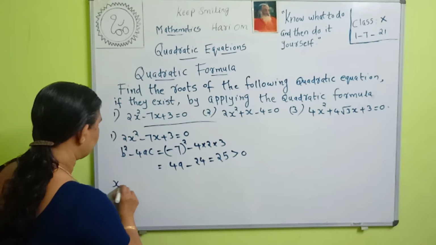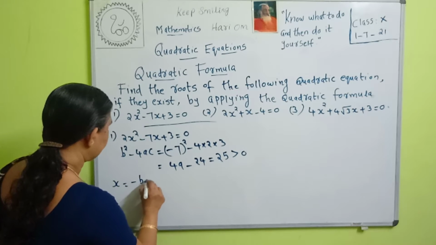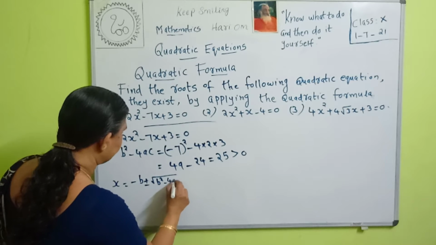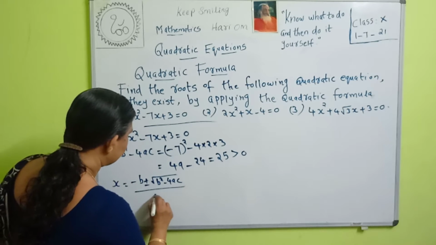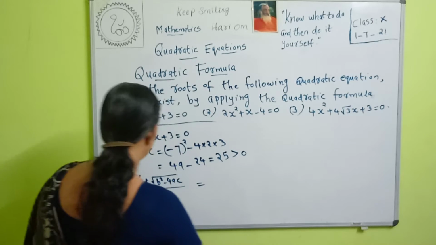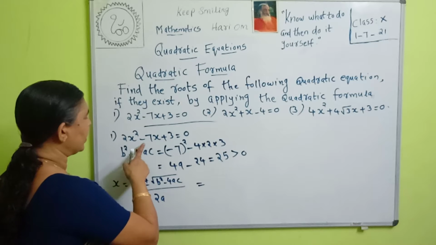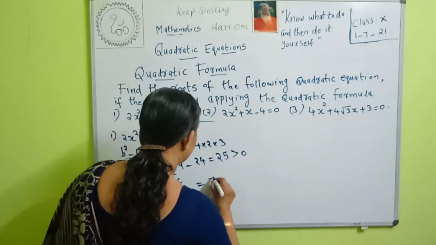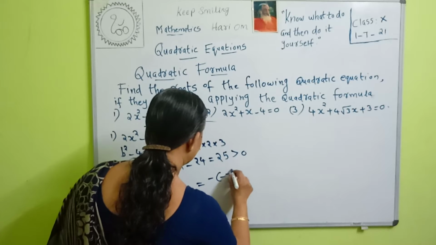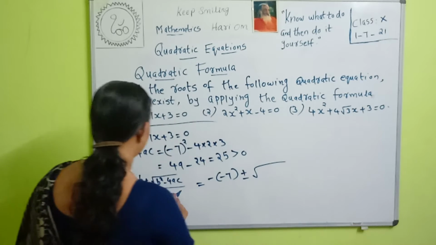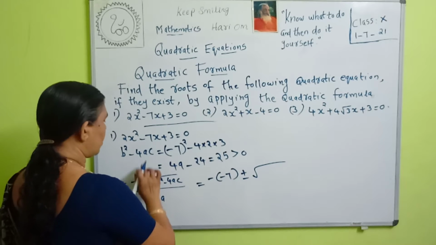x is equal to minus b plus or minus root of b square minus 4ac by 2a. What is minus b? Minus of minus 7 is 7.